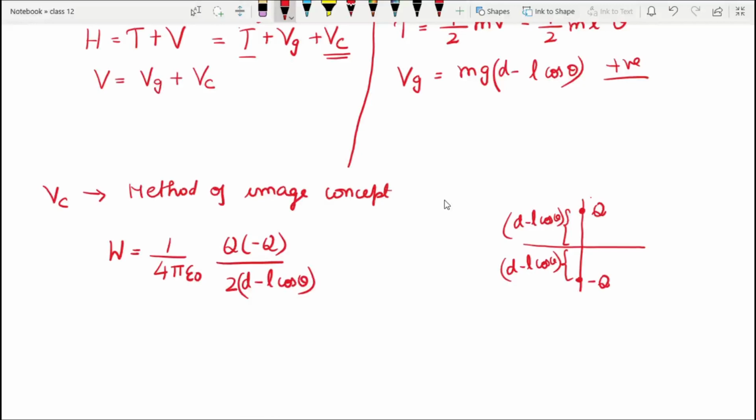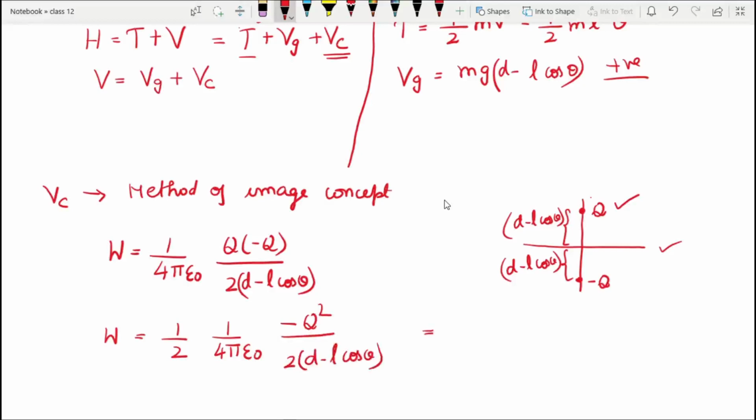But if we calculate the work done for a single charge with a conducting plate, it will be half of this work done. So the work done is equal to 1 by 2 times 1 by 4 pi epsilon naught times minus q square divided by 2 times d minus L cos theta.